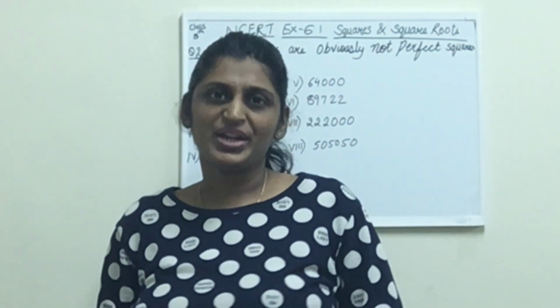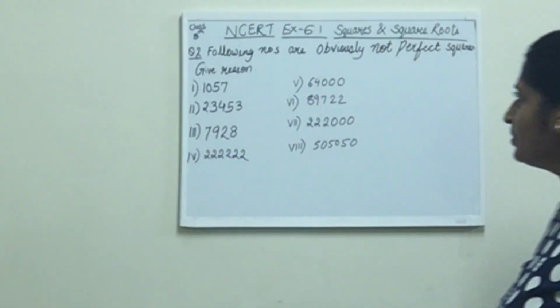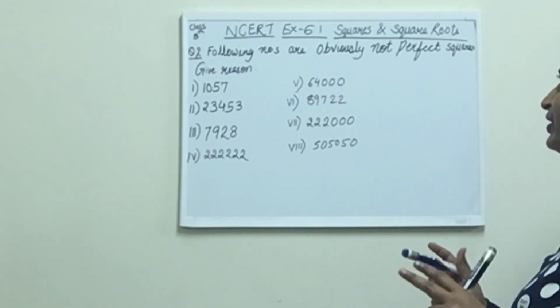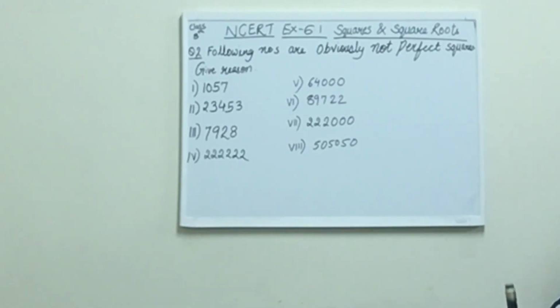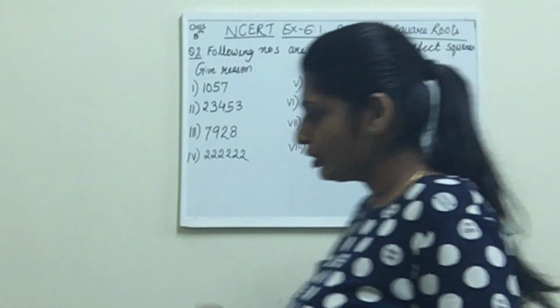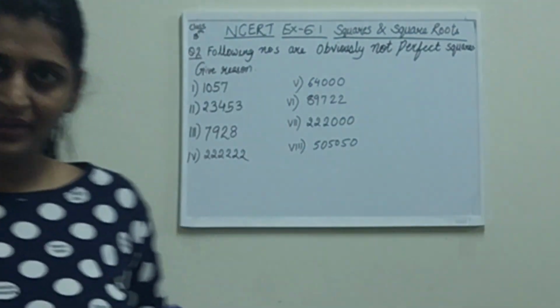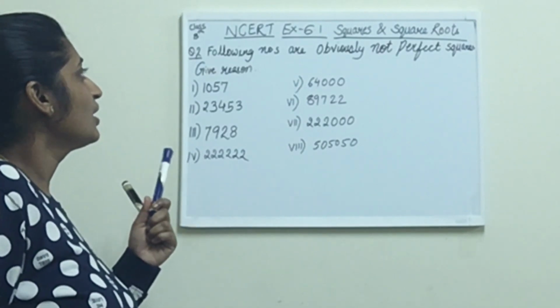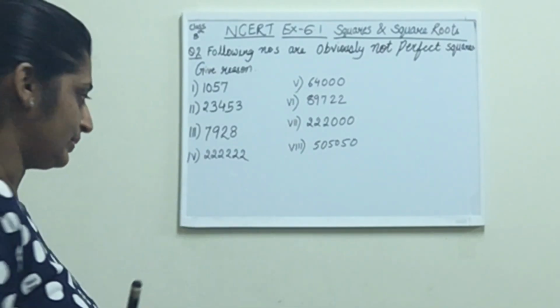So now begin with question number 2. Question number 2 says, the following numbers are obviously not perfect squares. Give reason. So the question says that they are not perfect squares and you have to give reason to support the answer.